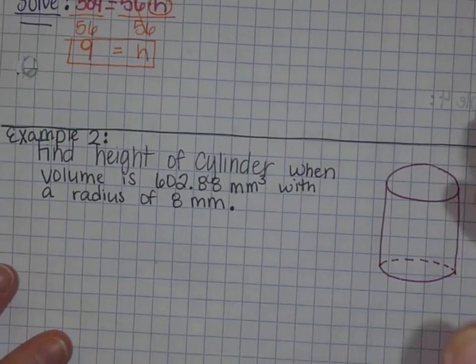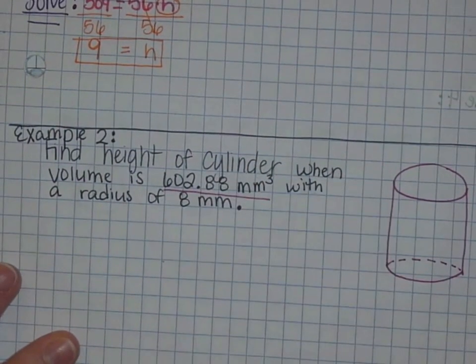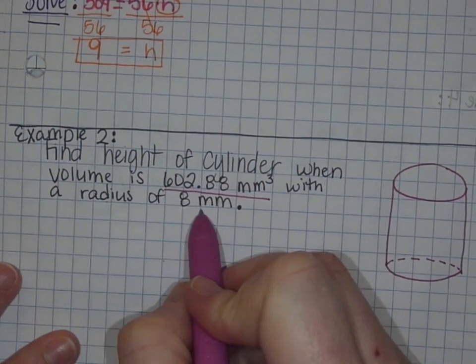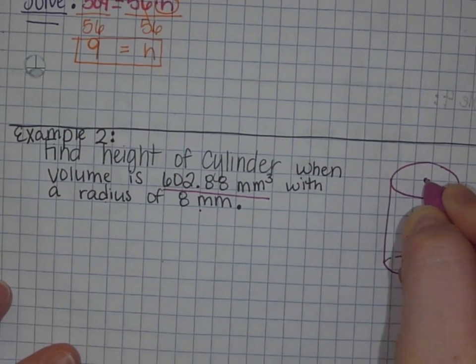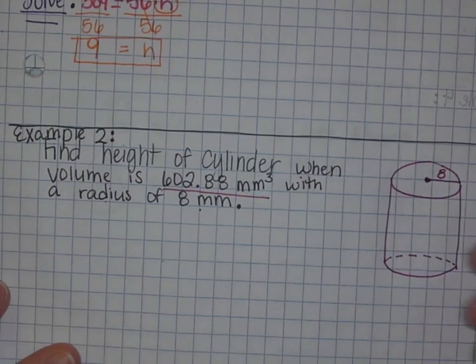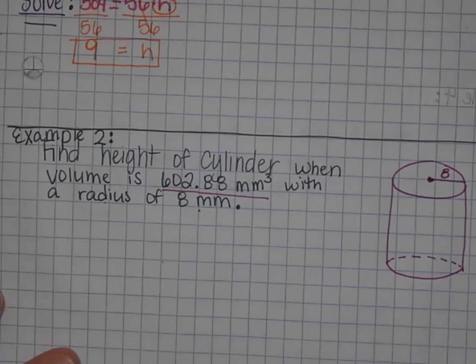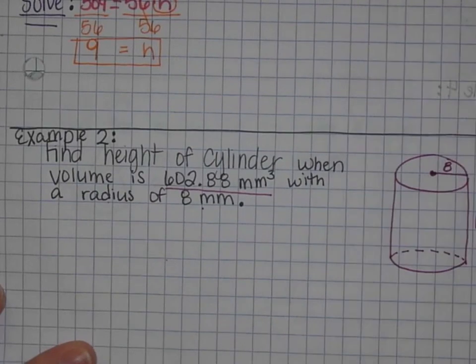Okay, so our volume is 602.88 with a radius of 8. So remember, a radius is from the middle of the circle to the edge. So radius is 8, and we're looking for the height. So again, I'm just going to use the letter H for height.